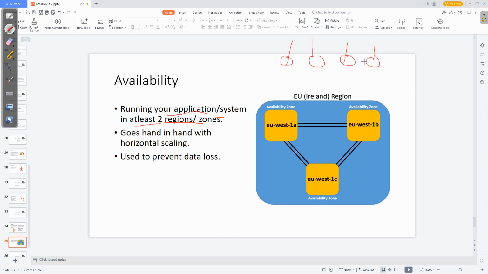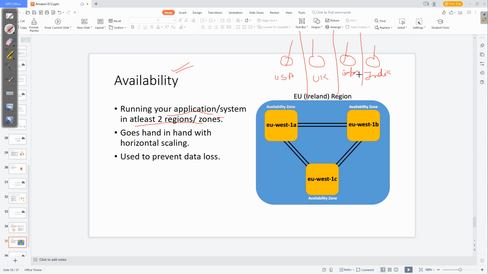When we increase the instances in different regions, let's suppose this one is in USA, this is in UK, this is in Japan, and this is in India. So different instances are in different regions, and you scale the instances region-wise. This is known as availability.